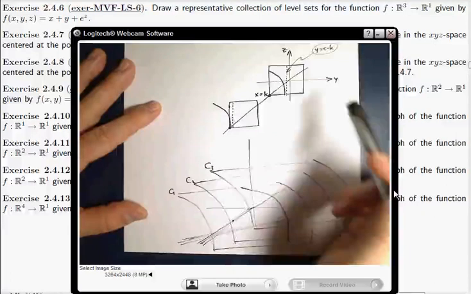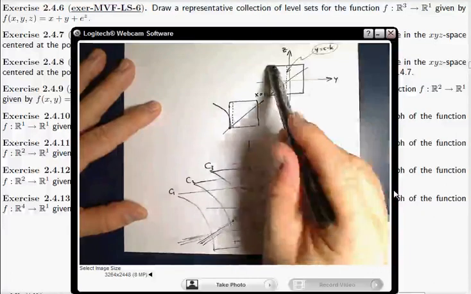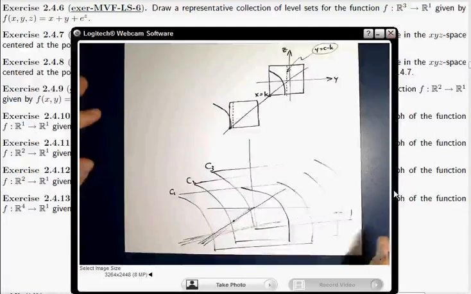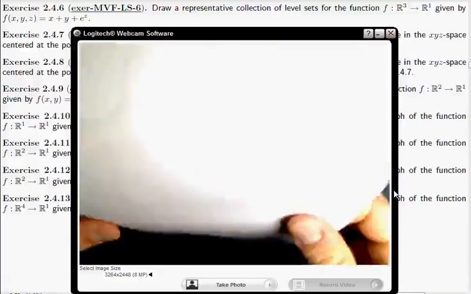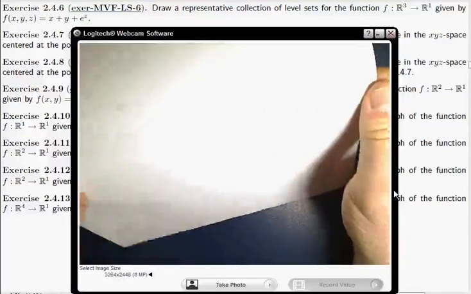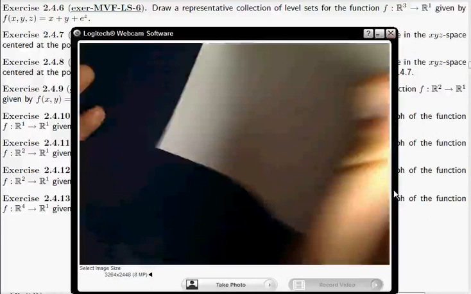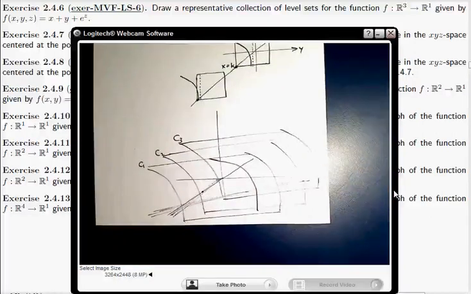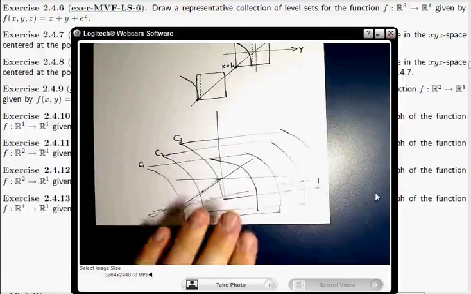The hard part was taking these cross sections and using your geometric intuition to figure out what that really looks like. And once you see that it's like a folded over piece of paper, I don't have quite enough room there, but the actual drawing of it's not so bad. Okay. So there's your representative collection of level sets.